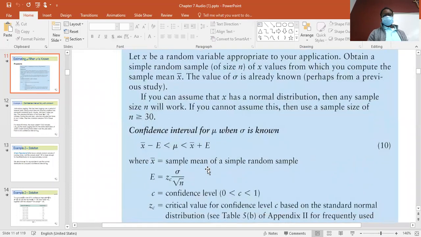That's the confidence interval. The book uses ZC, but I like Z alpha over 2 because it reminds you of where that value is coming from. It's the Z value so that the area to the left or the right of Z is alpha over 2.